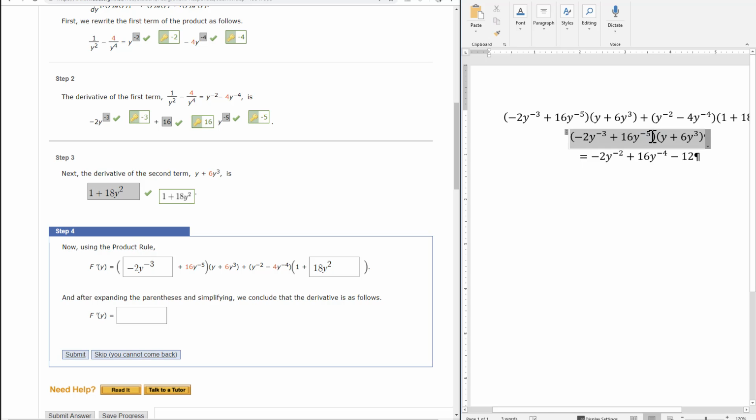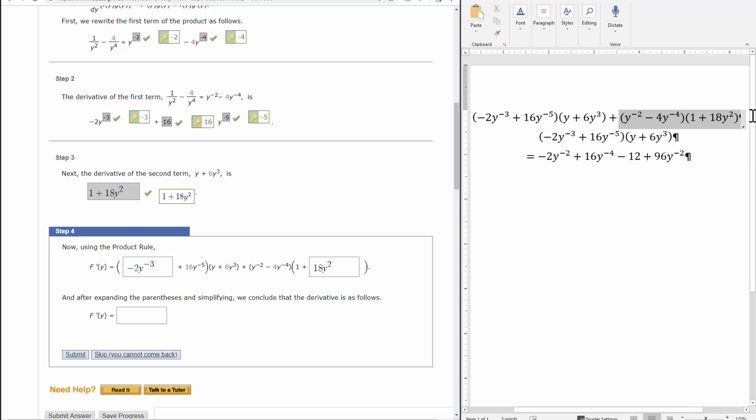And then the next term is going to be the 16 times 6. So 16 times 6 is 96, and that's a positive 96y, and then the power is going to be -5 plus 3, so that's -2. So that's a -2 power. So that's the first term right here.